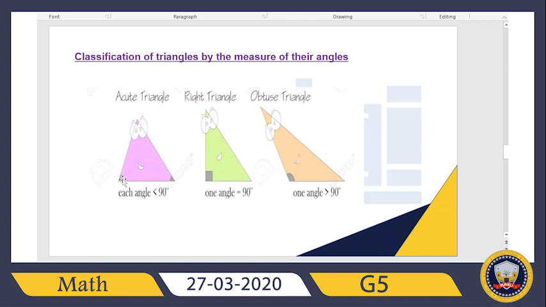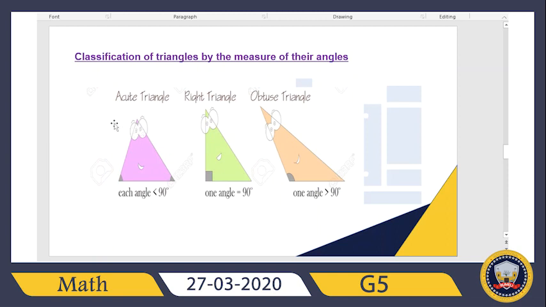So this is an angle, this is also an angle, and this is an angle. So any triangle has three angles inside it, because I have three sides, and these three sides can obtain three angles.